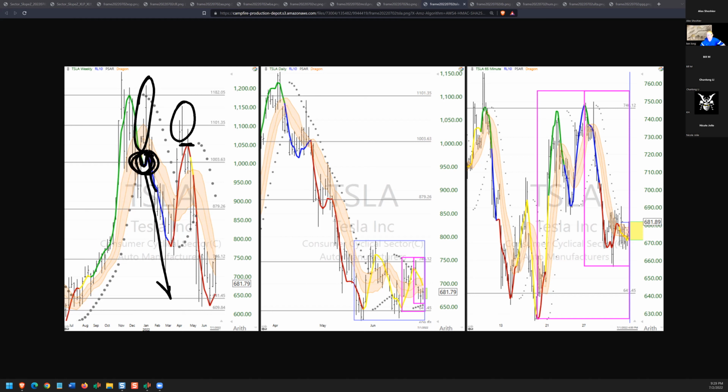That little signal there was crucial. Collapsing dragon, downside. Collapsing dragon, downside. If this rolls over again, if it goes below about 630, big collapse.